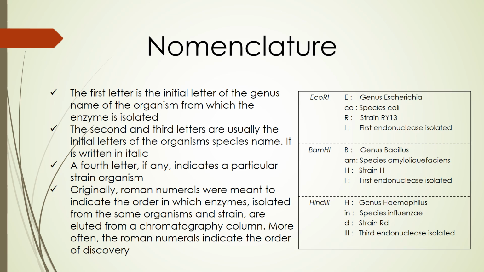Number one is an abbreviation of the genus and species of the organism, of three letters, for example Eco for Escherichia coli, identified by the first letter of the genus and the first two letters of the species. Number two is a letter or number, or a combination of the two, to indicate the strain of the relevant species. And the third is a Roman numeral to indicate the order in which different restriction modification systems are found in the same organism or strain.